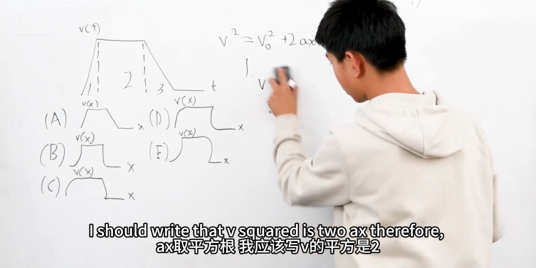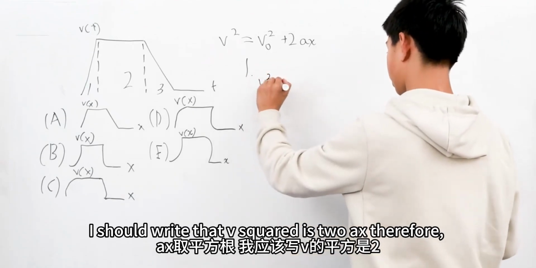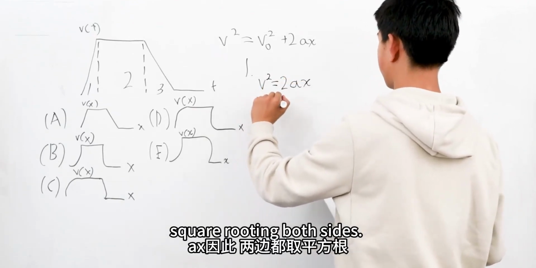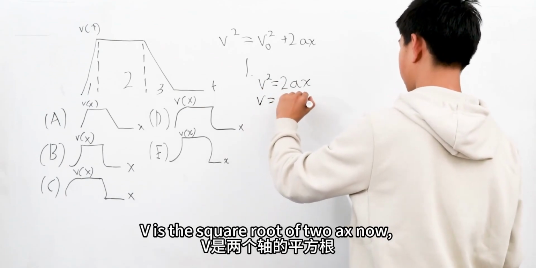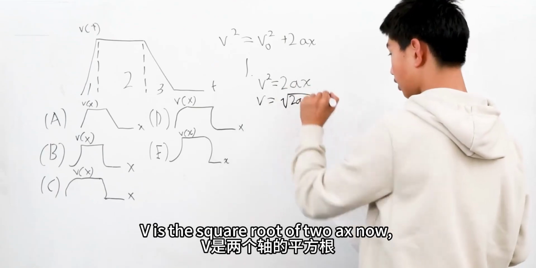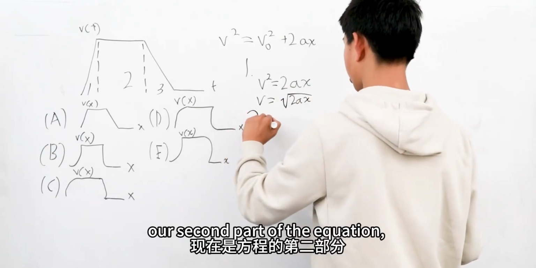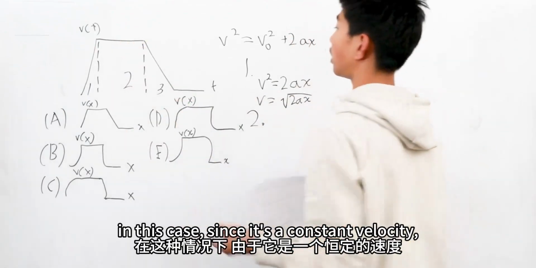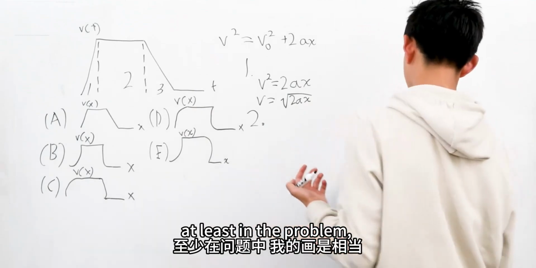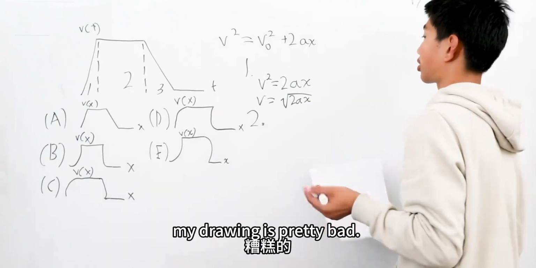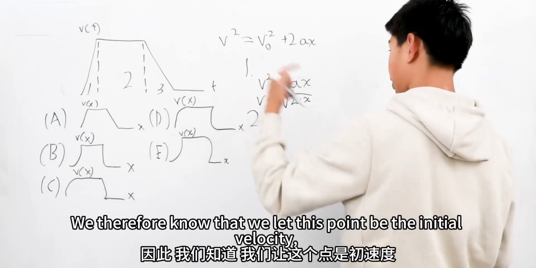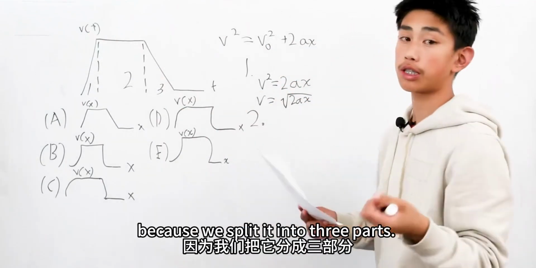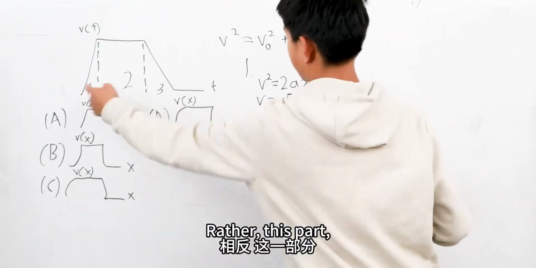V squared is 2ax. So therefore, square rooting both sides, v is the square root of 2ax. Now our second part of the equation, in this case, since it's a constant velocity, at least in the problem, my drawing's pretty bad, we let this point be the initial velocity because we split it into 3 parts, rather this part.